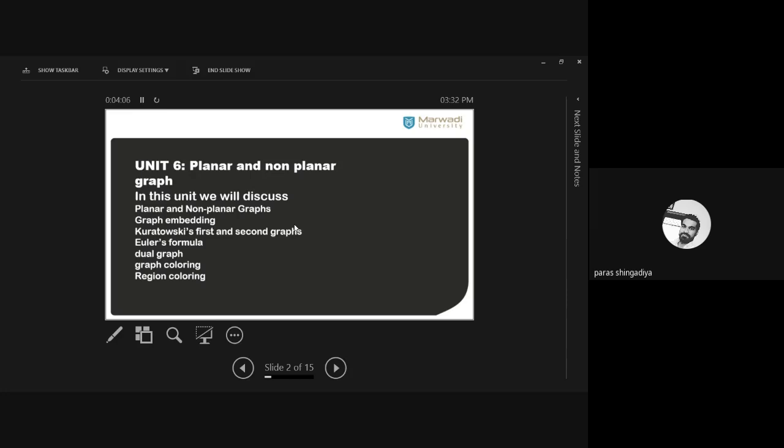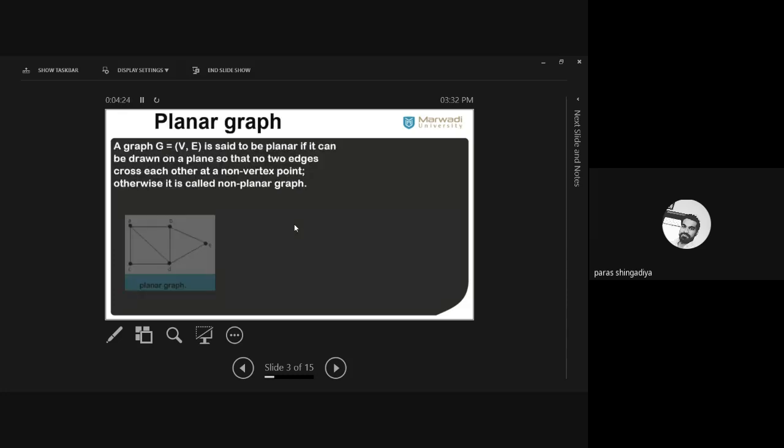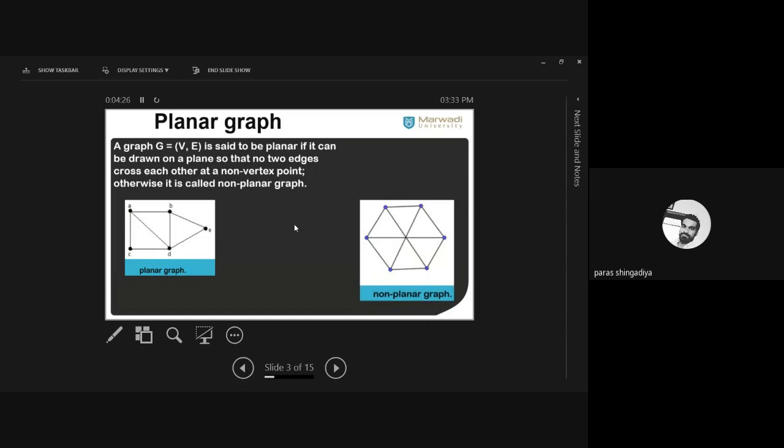Based on that, we can identify that is the Gujarat state boundary, that is the Maharashtra state boundary, and so on. So that concept is used in this coloring form. That is also one real life application. And then graph coloring and region coloring. So these are the topics that we will discuss in this unit. Clear?